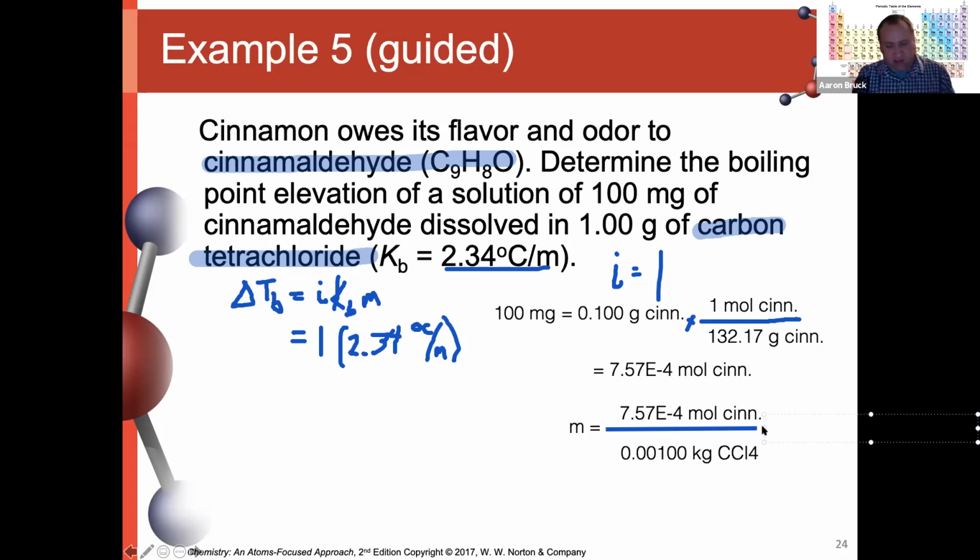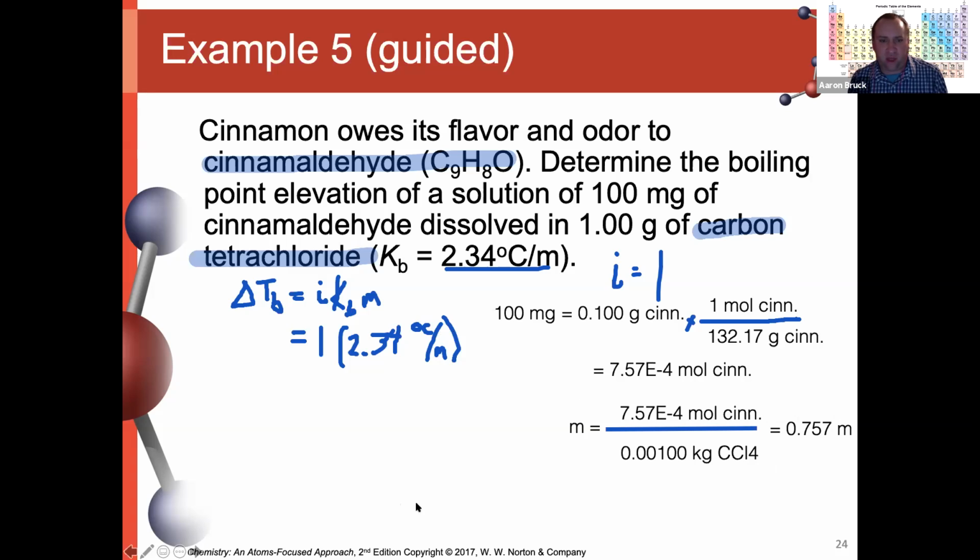So 7.57 times 10 to the negative fourth divided by 0.001, I get to three significant figures, 0.757 molal cinnamaldehyde.